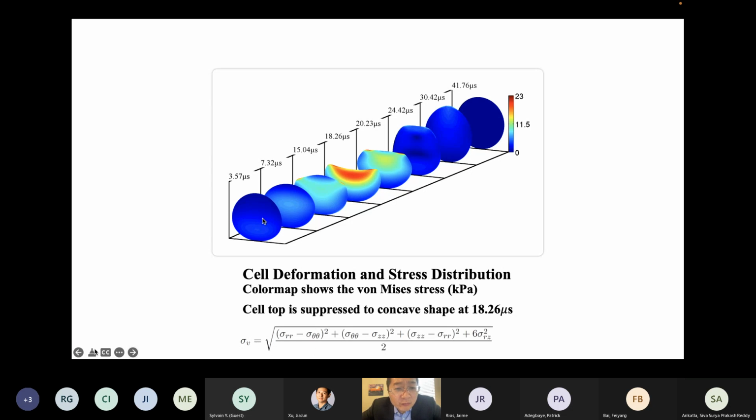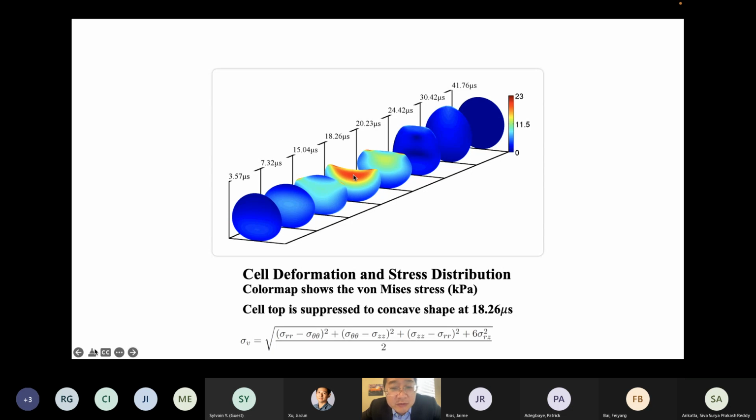Okay, so we see that initially deformation takes place at the bottom. We have bottom deformation due to impact. Essentially the deformation changes to the side and the top. Then the top is pressed down by the fluid flow, and the top forms a large deformation and stress.